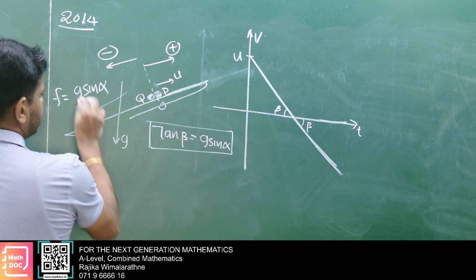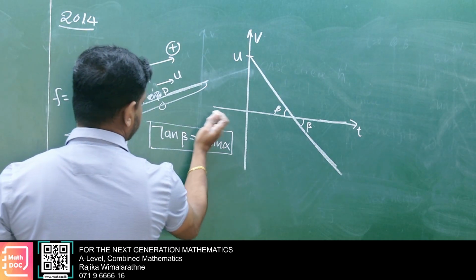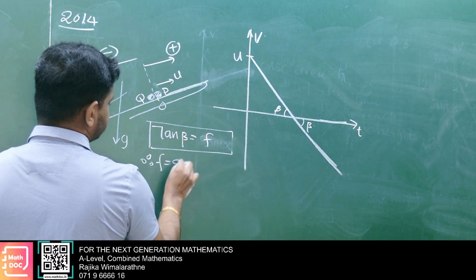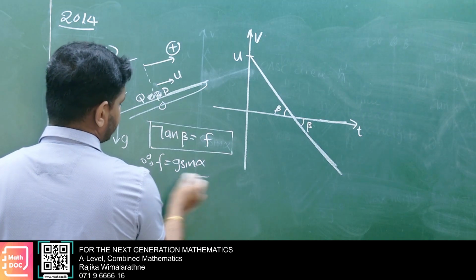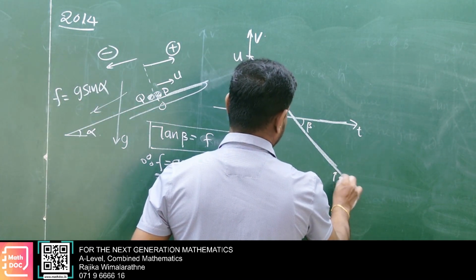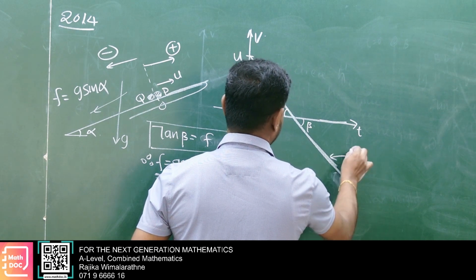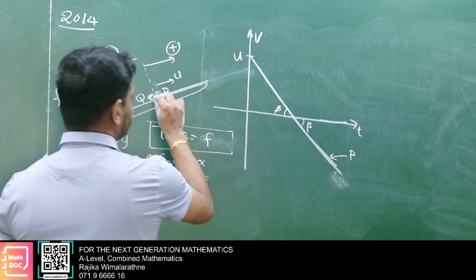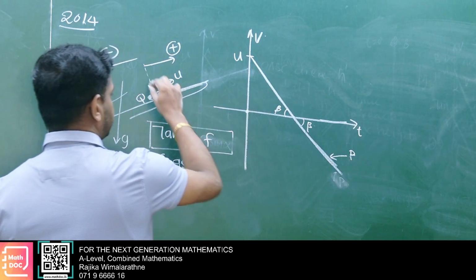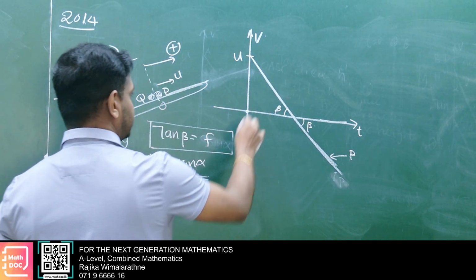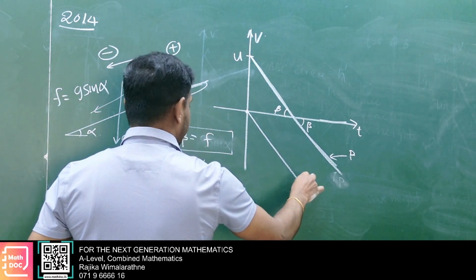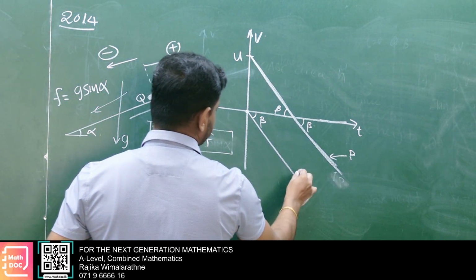So tan beta equals f, which equals g sine alpha. That is for particle P. Then particle Q is at rest first, then it moves downward with the same acceleration, therefore sketch a parallel line with the same inclination beta. This is for Q.